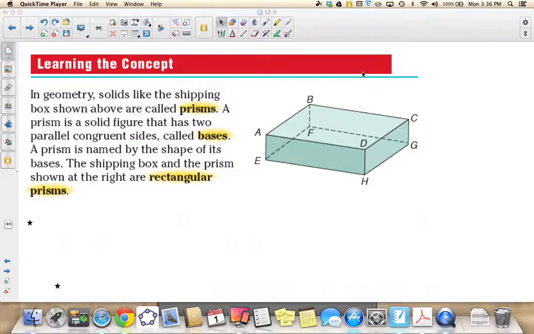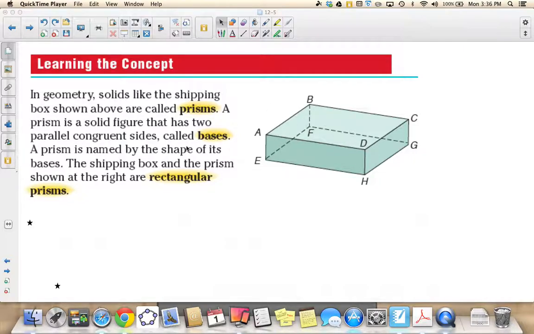And in geometry, solids like the shipping box shown above are called prisms. A prism is a solid figure that has two parallel congruent sides called bases. A prism is named by the shape of its bases. The shipping box and the prism shown to the right are called rectangular prisms. So this is a rectangular prism.